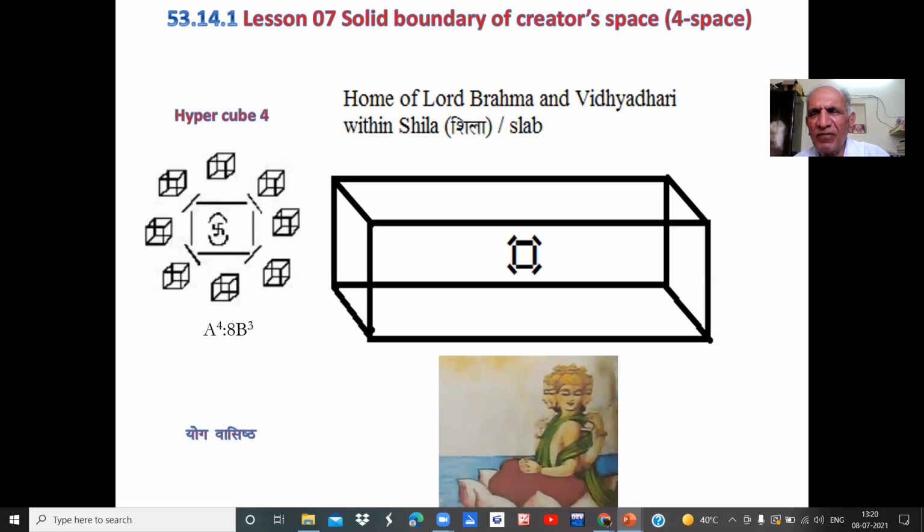It would be very blissful to go through this episode, this depiction preserved in Yoga Vasishtha, as it brings us realistically very near the reality of existence and role of real force space.